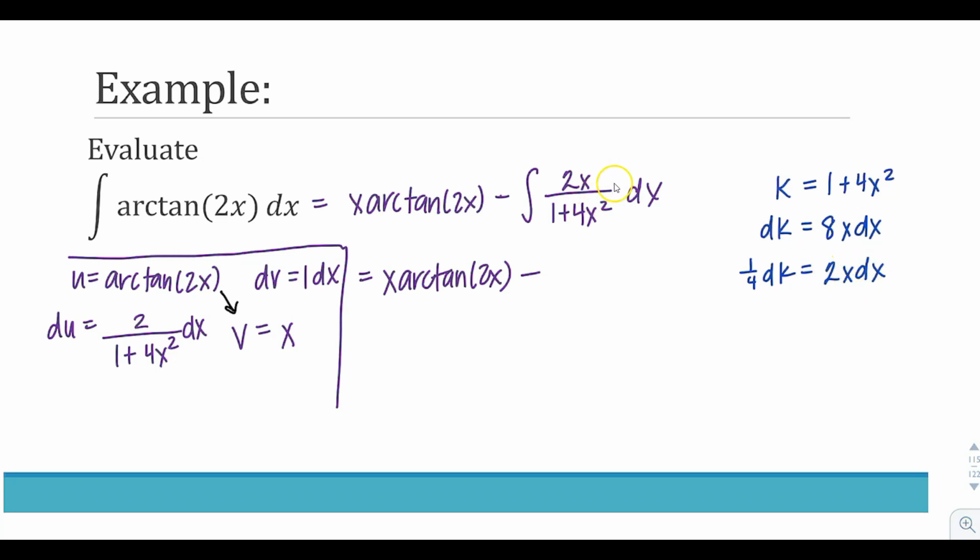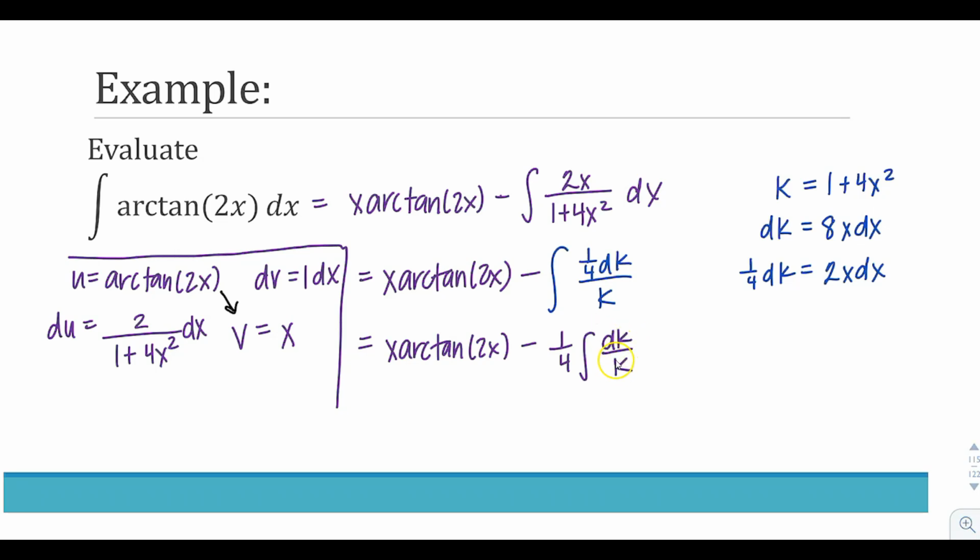So I'm going to replace this 2x dx quantity here with 1/4 dk over, and then the denominator gets replaced with k. So I'm going to go ahead and bring down that original piece, x arctangent 2x, minus, and here I have, I'm going to bring out the 1/4, the constant, I have dk over k.